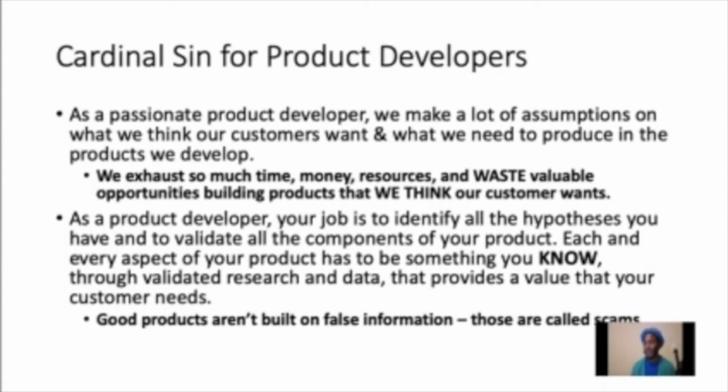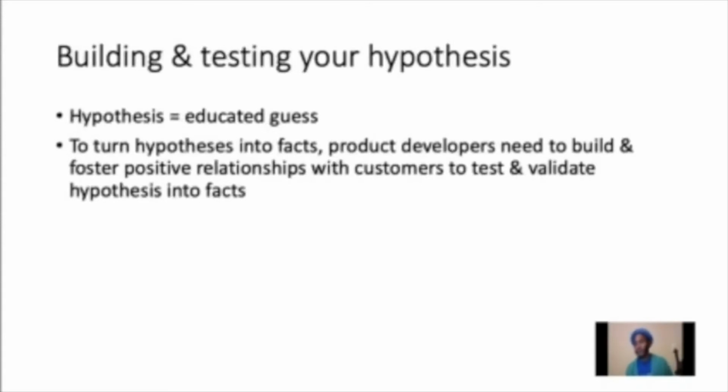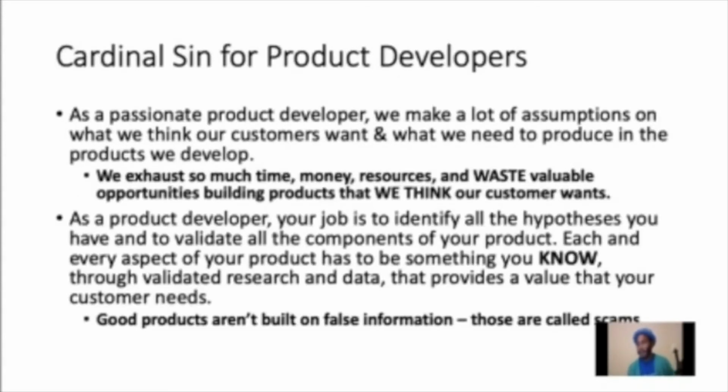Taking these concepts and all the things that we don't know are 100% true, we have to validate them with our customer to ensure they're 100% true. Because what usually happens down the line is that if you don't validate this information, you eventually end up building a product that nobody wants. Good products aren't built on false information. Actually, scams are built on false information. So as you go through your product development journey, you want to make sure that you are testing all of your hypotheses to make sure they're validated.